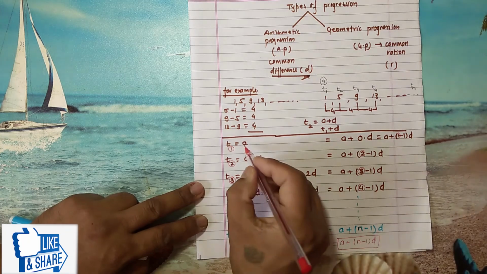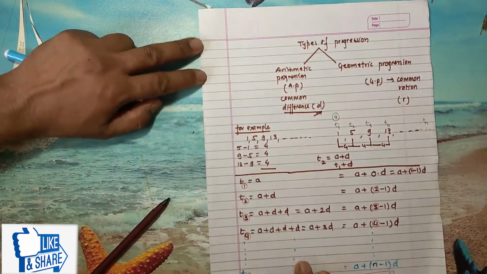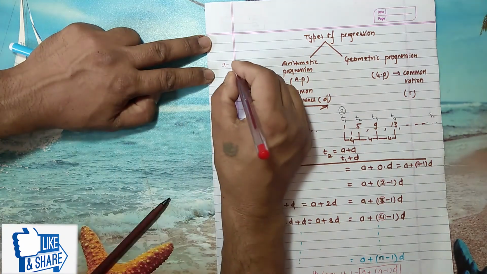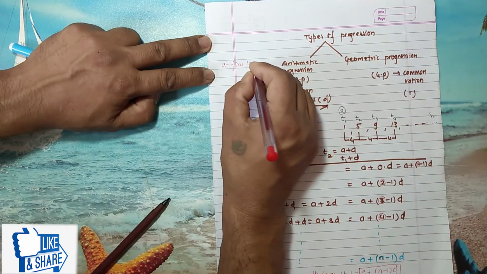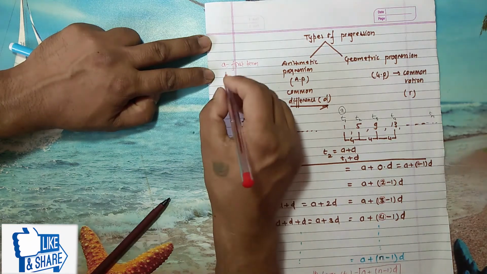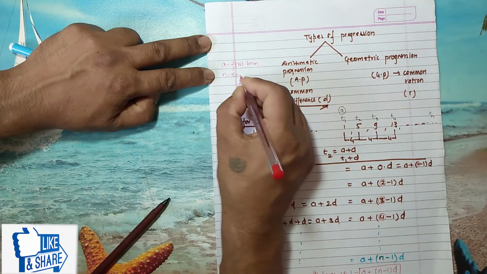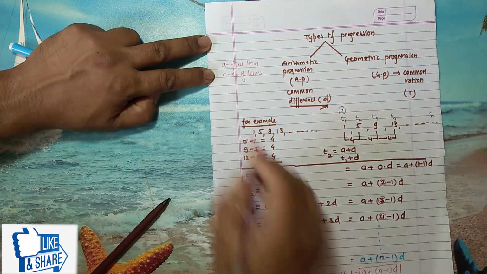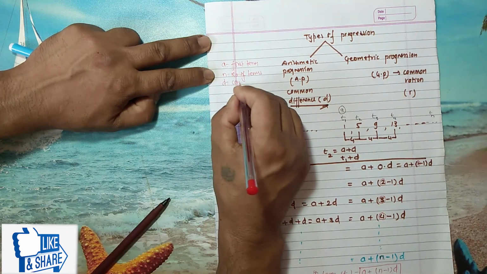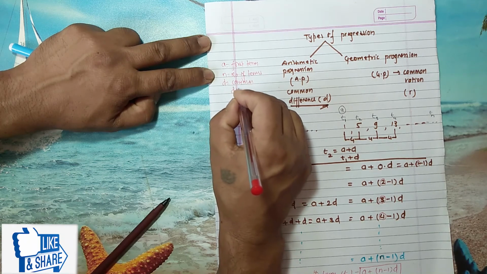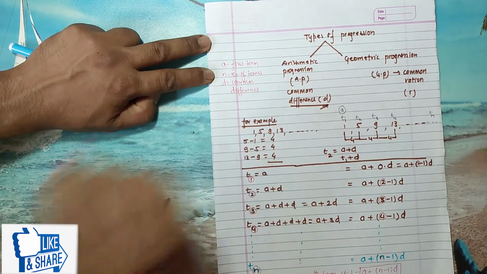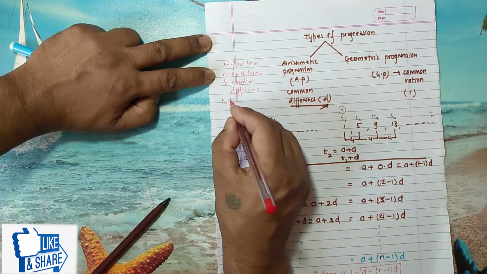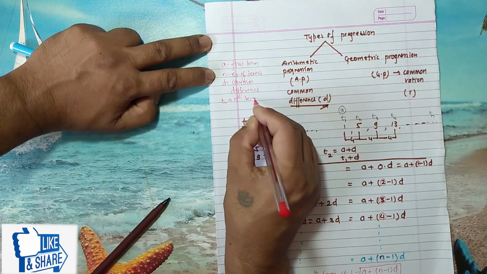Here A is the first term, n is the number of terms, D is the common difference, and Tn means the nth term.